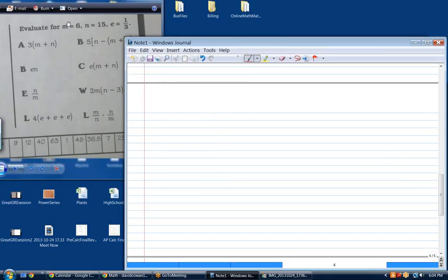Okay, a different set of variables, values. Fill it in for me. 6. 3 times 6 plus 15.